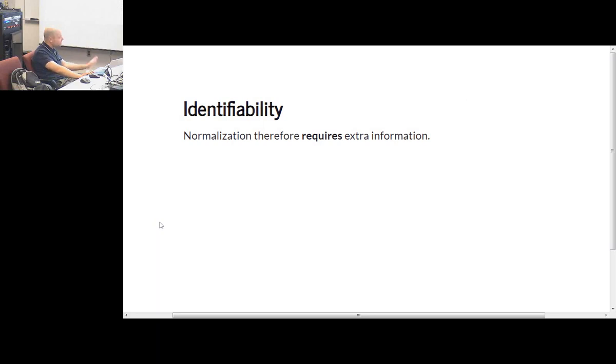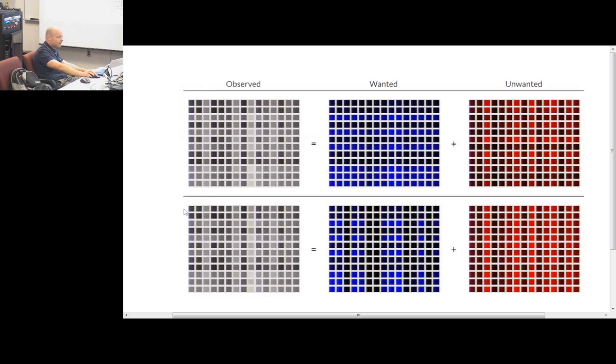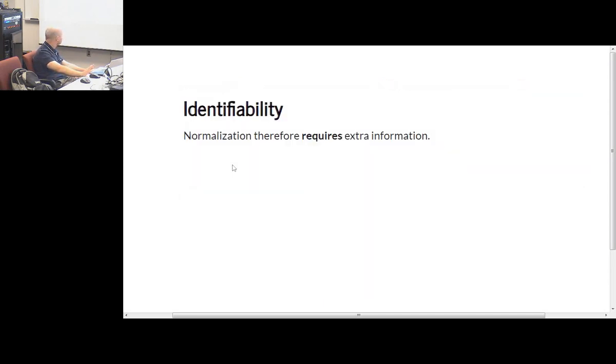But I point this out explicitly just to highlight the fact that any normalization we're going to do is going to require some sort of extra information. Because without at least some sort of extra piece of information, we're not able to distinguish between these 2 cases.